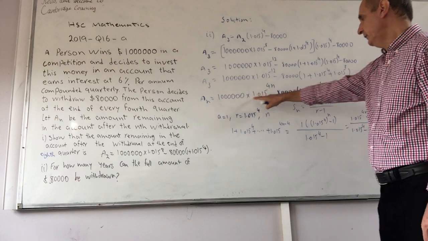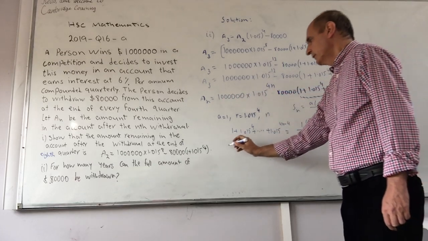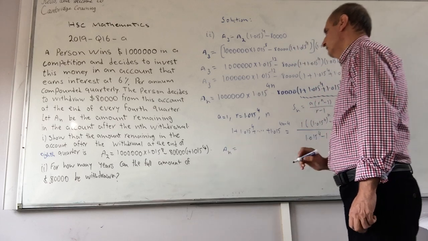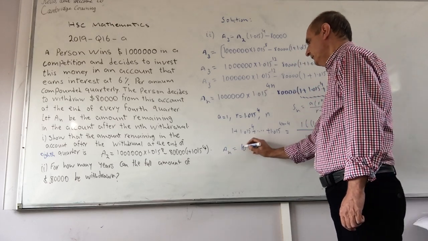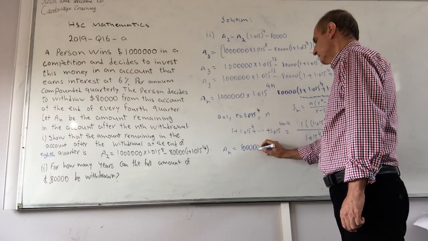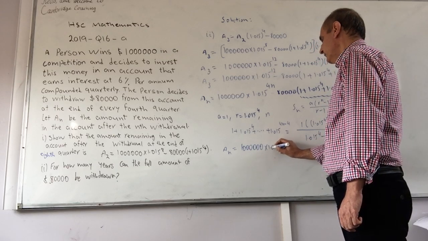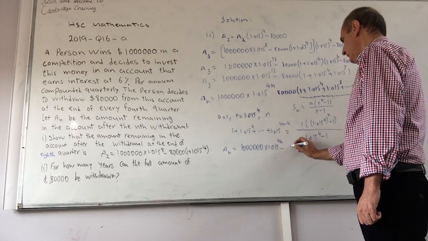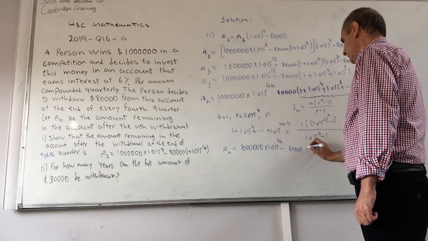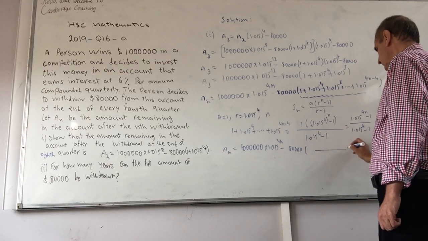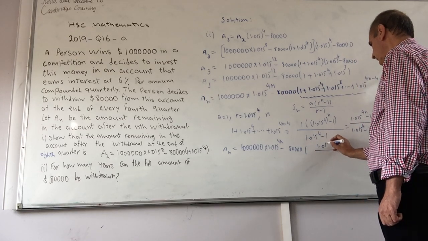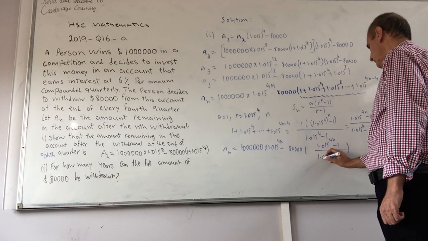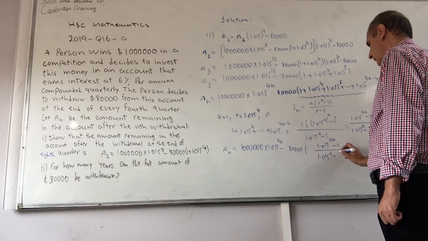Now I sub in this expression, so I get A_n is equal to 1 million times 1.015 to the 4n minus 80,000 times 1.015 to the 4n minus 1 over 1.015 to the 4 minus 1.